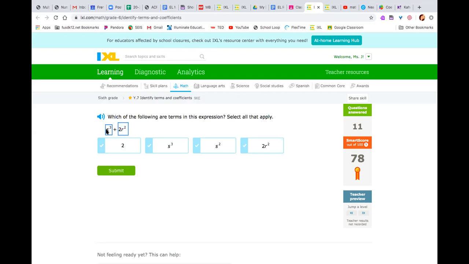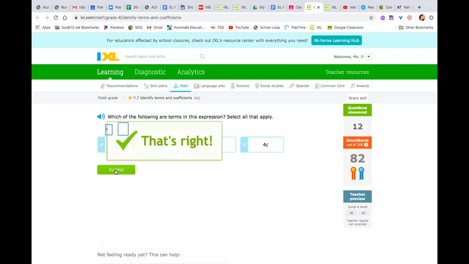That means everything in this box needs to be in here to match. So is 2 a term? No. How about S to the third power? Yes. What about S squared? No. What about 2 to the R squared? Yes. Was that easier to identify after we boxed our terms? Yes. Okay, so it's something we can remember to do when we're doing this on our own.